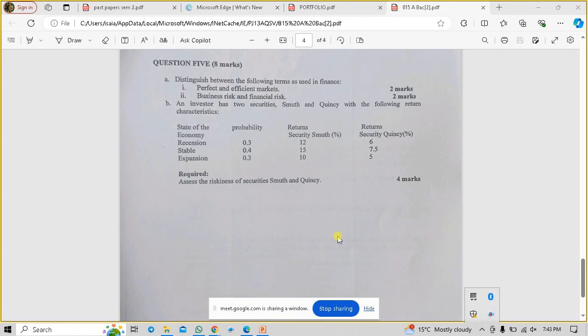You can get a question like this, where you're supposed to assess the riskiness of securities. So here you have the returns for this one. They're calling this investment Smooth, and the return for this other one, they are calling it Quincy.